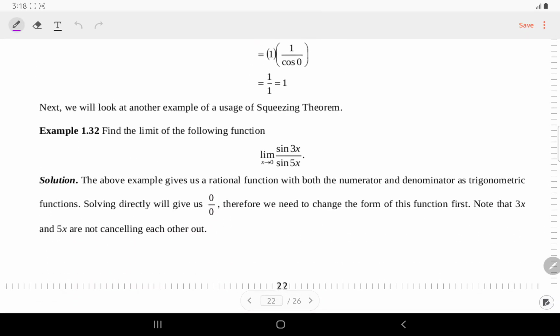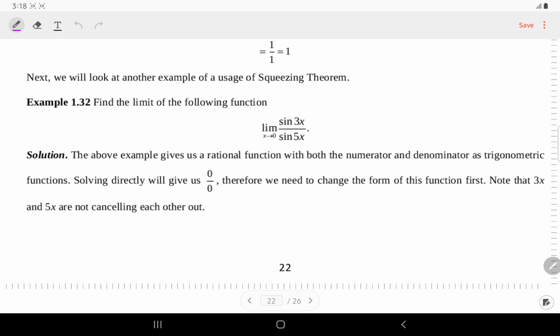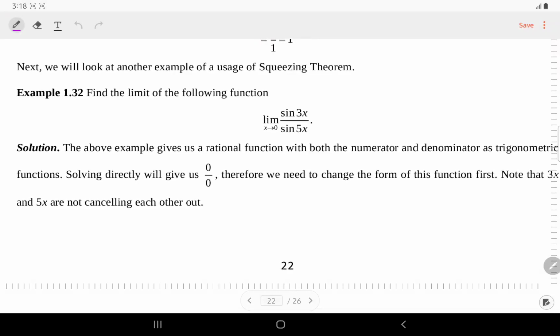Now we will look at another example of the application of the squeezing theorem. For this example, limit x approaches 0 of sin 3x divided by sin 5x. If we directly substitute the value of the limit into this, we replace x directly with 0, so it will become sin of 3 multiplied with 0 is equal to 0, and 5 multiplied with 0 is also equal to 0.